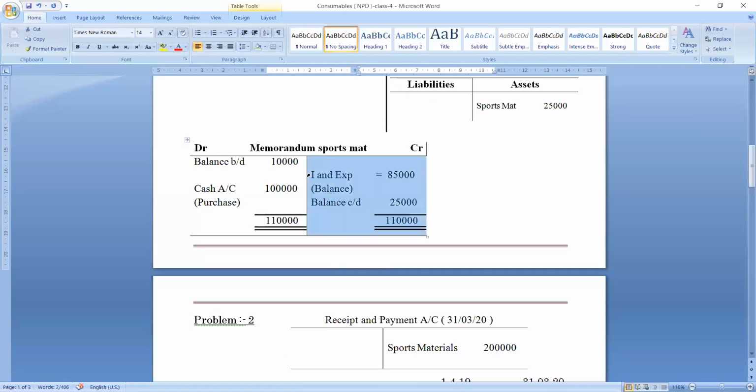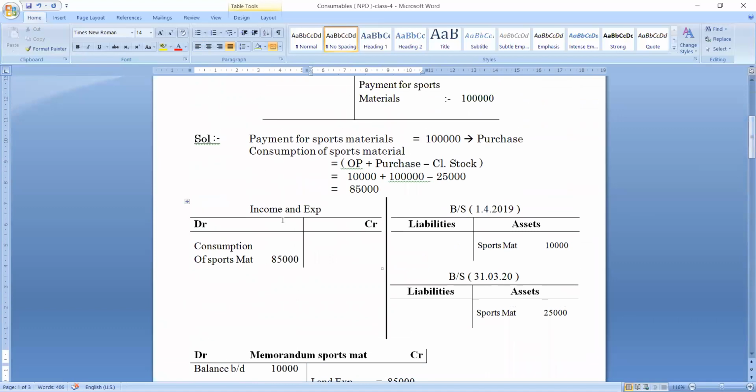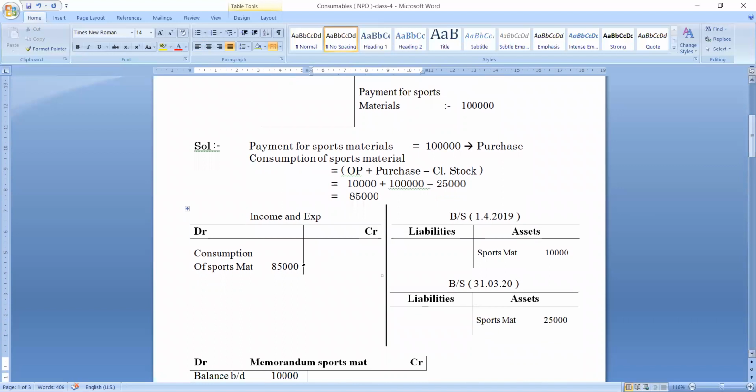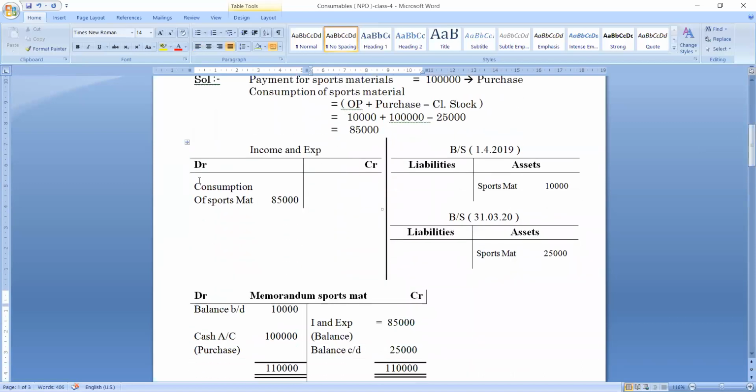Now the income and expenditure account shows the balance 85,000. 1 lakh rupees plus 10,000 is 1 lakh 10,000, minus 25,000 is equal to 85,000. That 85,000 goes to the debit side of the income and expenditure account. Sir, why the debit side? Because this is an expense. All expenses and losses are debit, all income and gains are credit. We already know that formula from class 11. That's why consumption of sports material 85,000 is on the debit side.